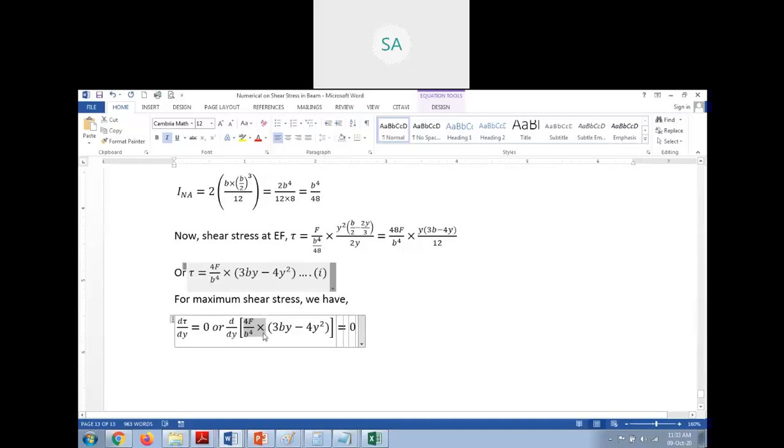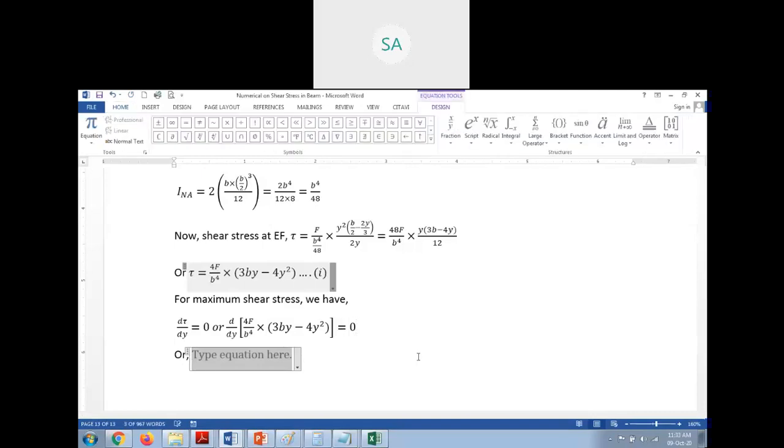It will remain as it is, so you'll get 4f by b raised to 4. This is y, so the differentiation of y will be 1. So 3b minus 4y square, so y square will be 2y. So 2 into 4, it becomes 8y, and this is equal to 0.